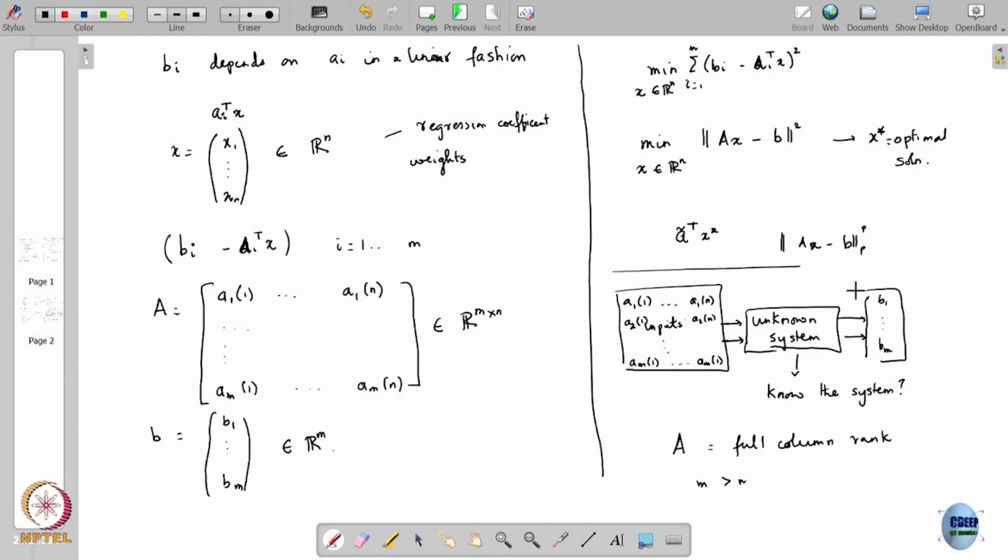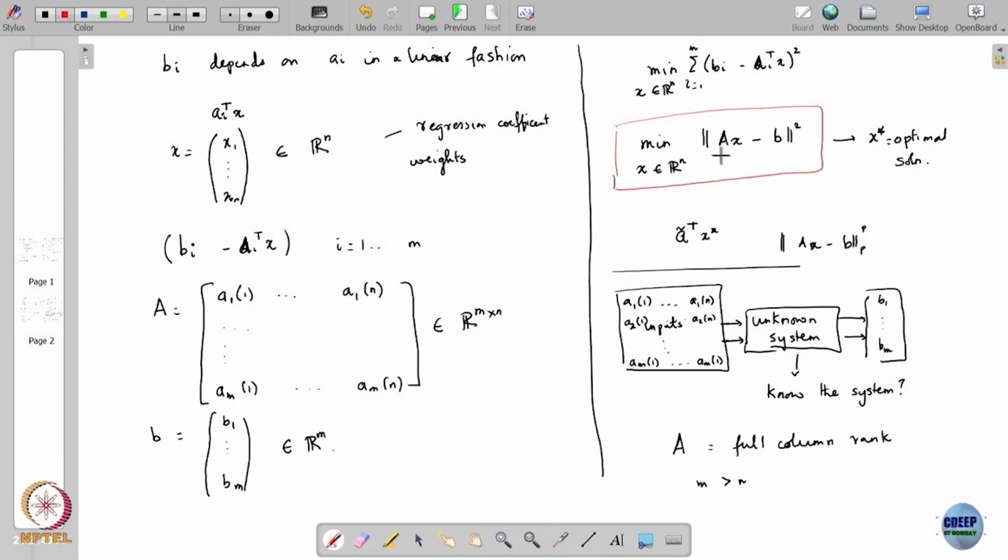Now, how is this related to what we have been talking about? The reason I brought this up is, if you look at this optimization problem, which is what the entire exercise of regression brought us down to, what kind of optimization problem is this?